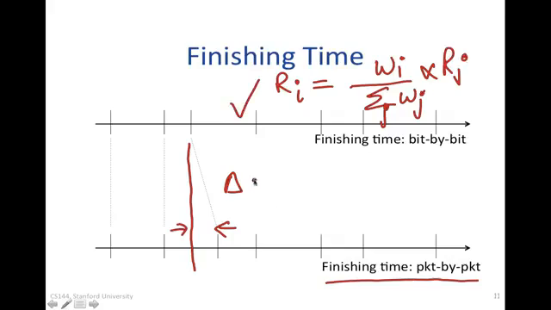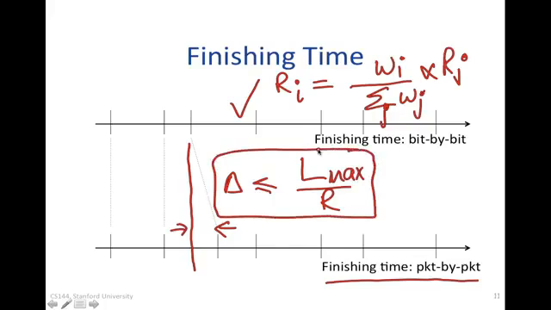In the packet-by-packet scheme, it can be proved that the time that a packet will depart is no more than Lmax, the maximum length packet, divided by R, later than under the bit-by-bit scheme. And that's true for every single packet in the system. So this is really useful because over a long period of time, this tells us that the same number of bits will have departed as under the bit-by-bit scheme.